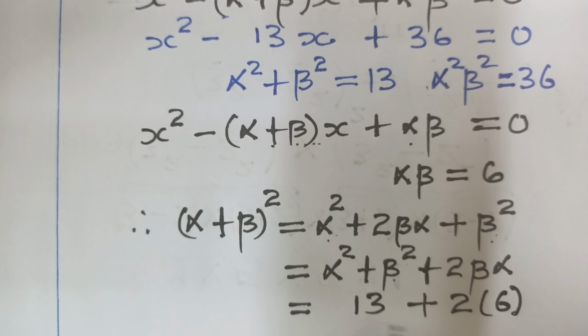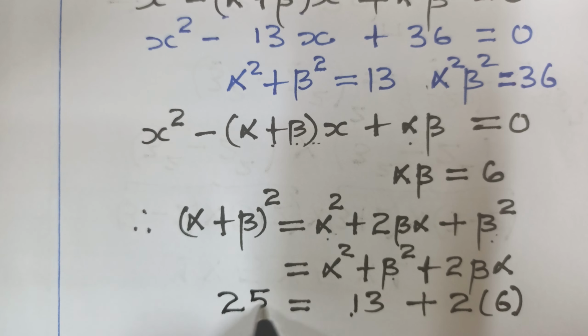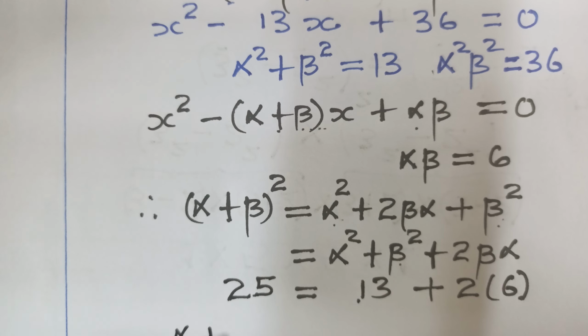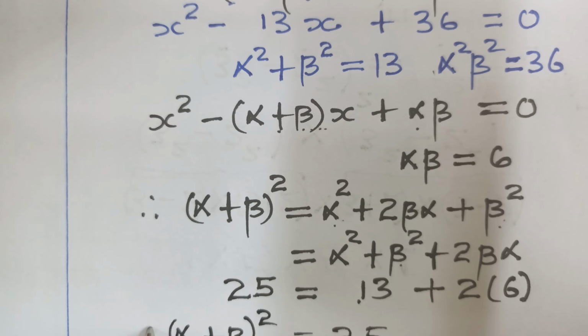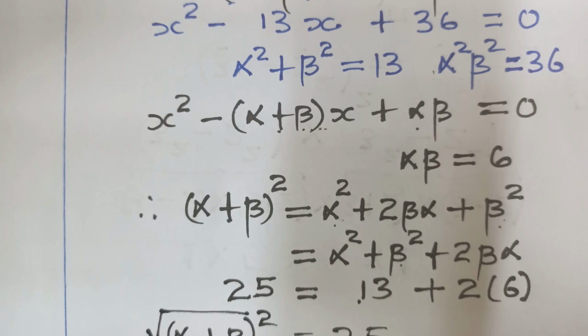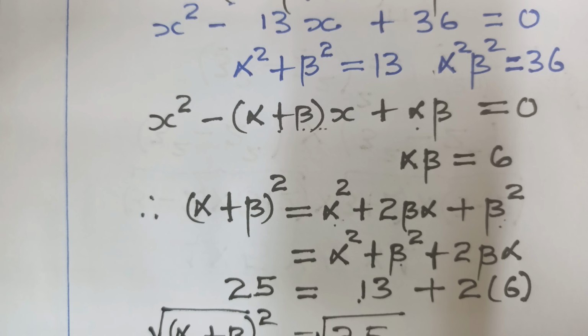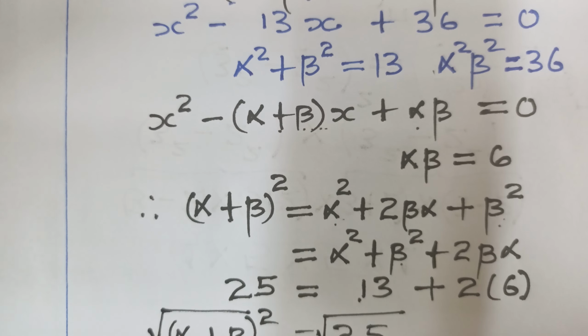Therefore, adding these two, we get 25. And so we can say alpha plus beta squared equals 25. Therefore, finding alpha plus beta, we take the square root on that side, square root on that side. And alpha plus beta now comes to 5.